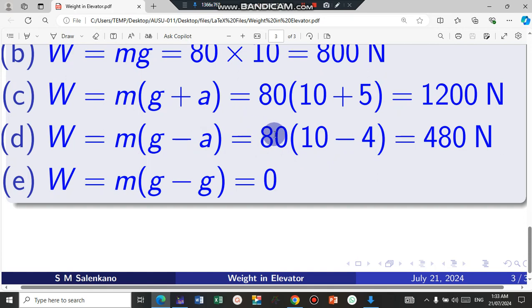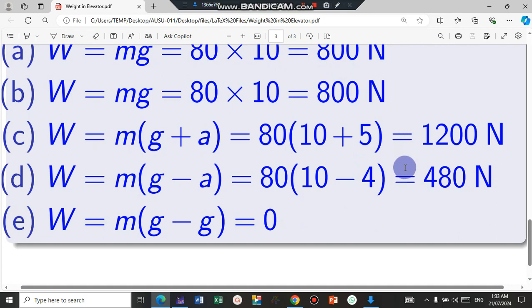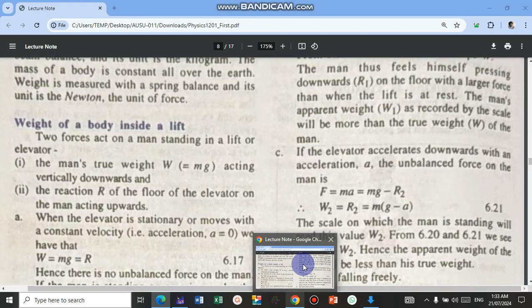So press your calculator, 80 into open bracket 10 minus 4 close bracket, and this will give you 480. You see that the true weight of the man is 800, but because now the elevator is descending, it reduces to 480. This makes sense. It agrees with the principle.